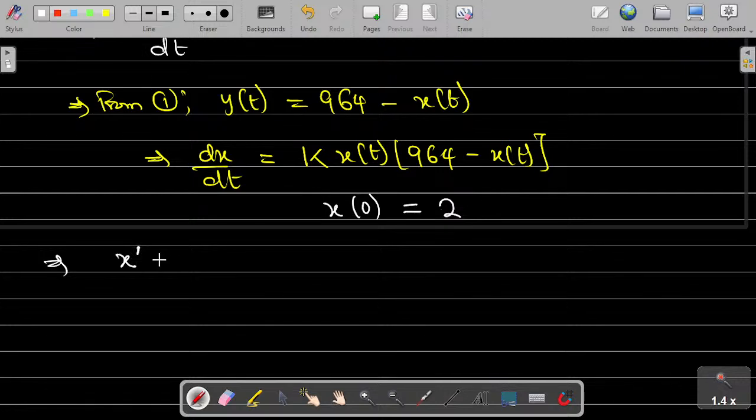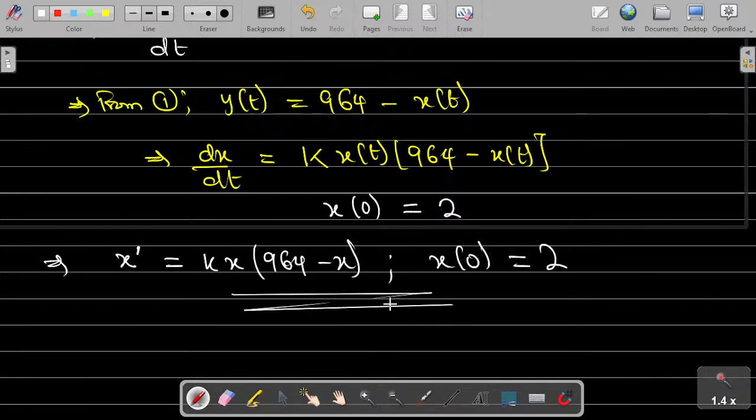Remember, we can put x prime equal to kx, avoiding repeating that t, times 964 minus x, where your condition is that x of 0 is equal to 2. So this is the desired differential equation according to the steps we were told to follow. And so we've been able to take question 1 through question 4.